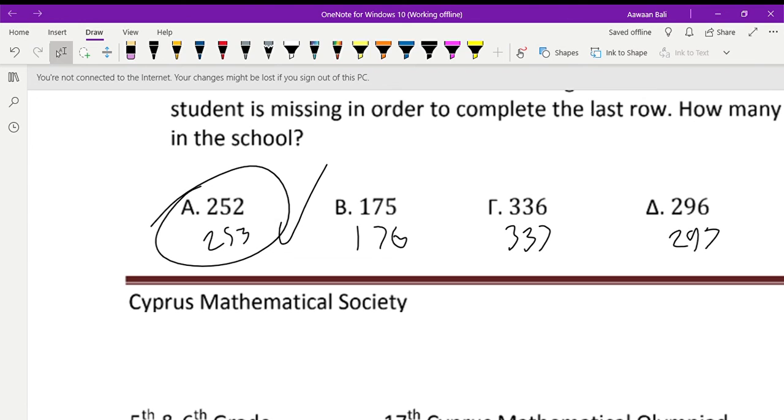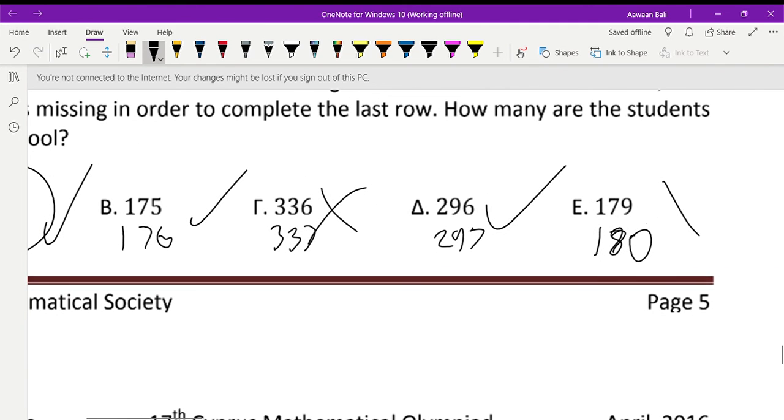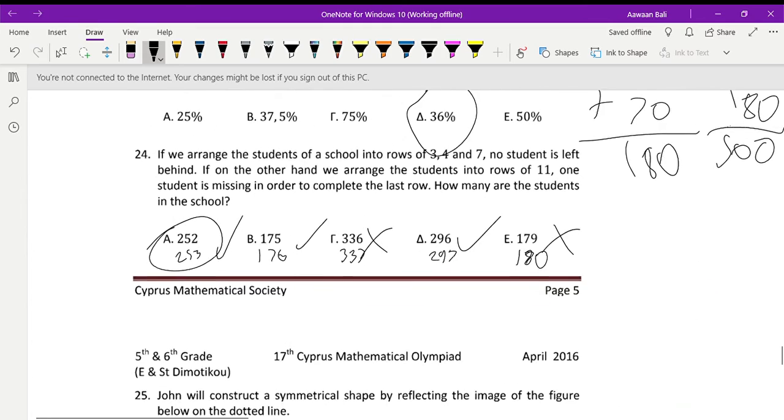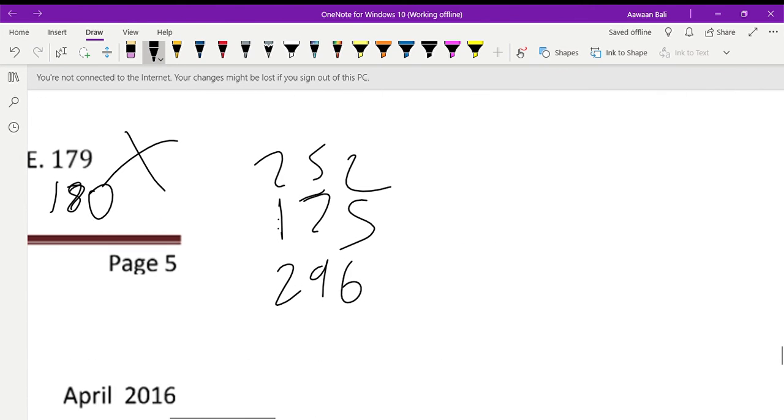That counts for alpha, also for beta, not here, here, and not here. So now we just have to check the divisibility rules for each of them. So we got 253. Wait, we got 252, 175, and 296. Okay, these are the numbers.